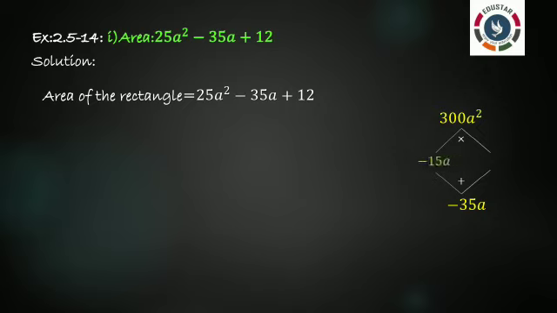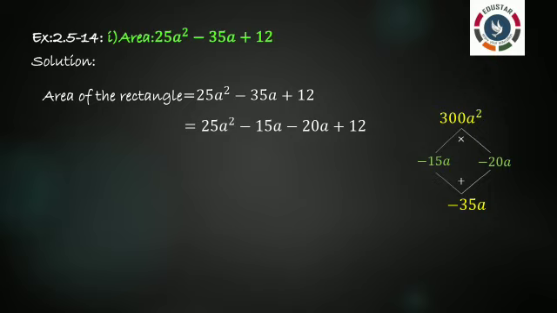So find the factors of 300, and our possible pair will be minus 15a and minus 20a. On multiplying we will get 300a square, and on adding we will get minus 35a. So the given polynomial can be written as 25a square minus 15a minus 20a plus 12.